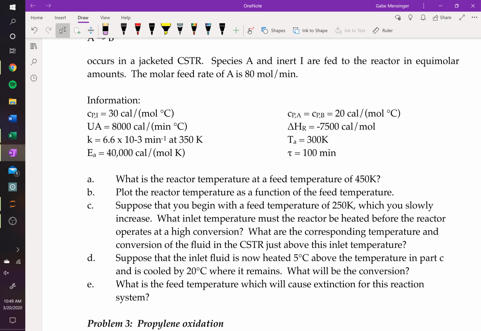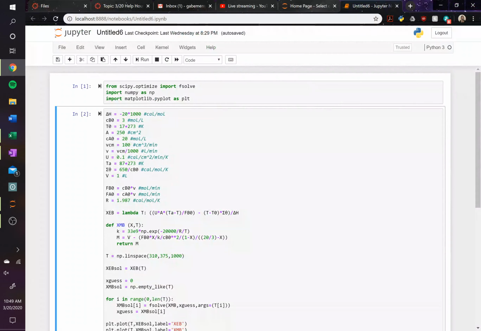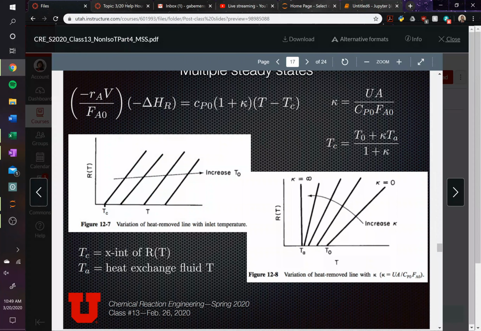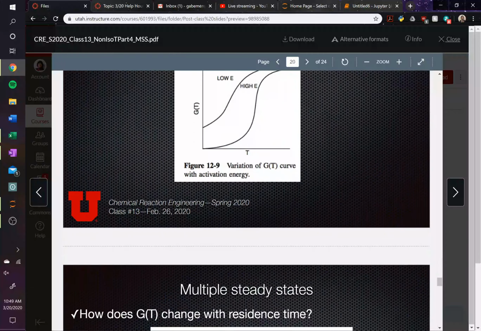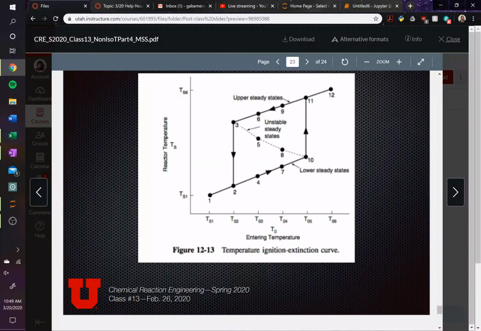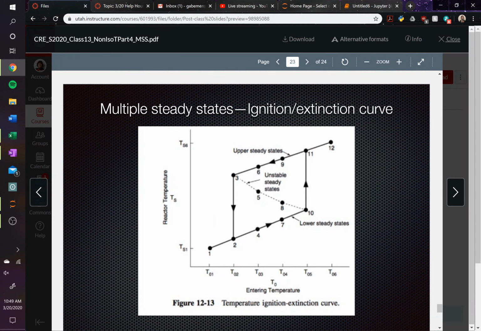And when you go and make this plot, I'm going to warn you first that your plot is going to end up looking something like this. Something a little like the extinction ignition curves. And because of these discontinuities, you're not going to want to do this in Python.